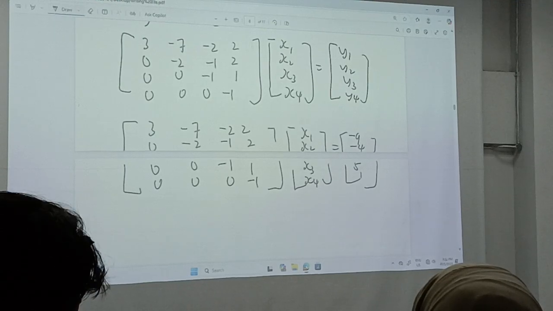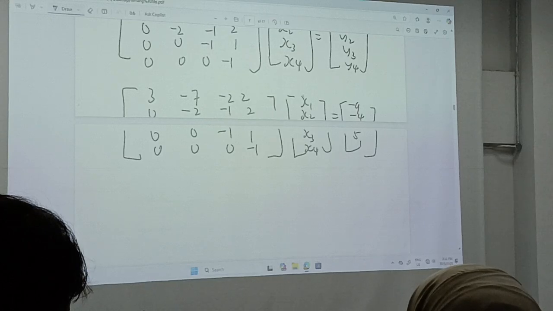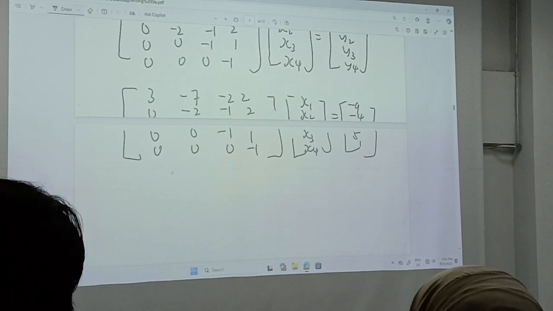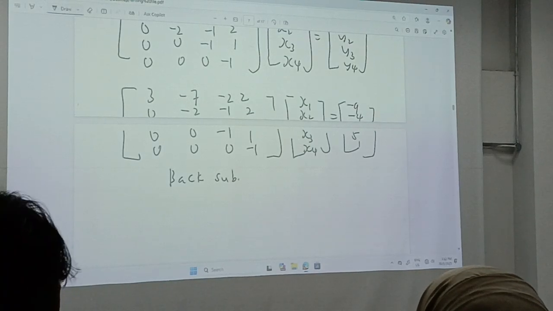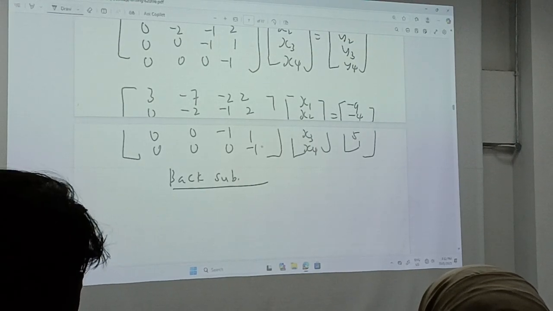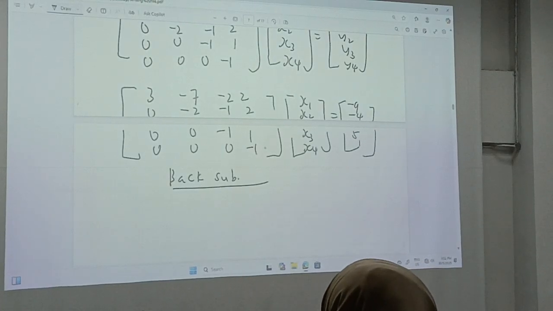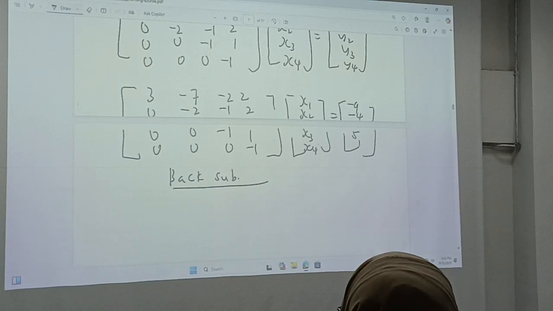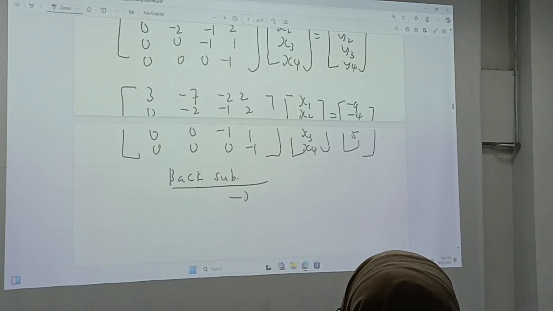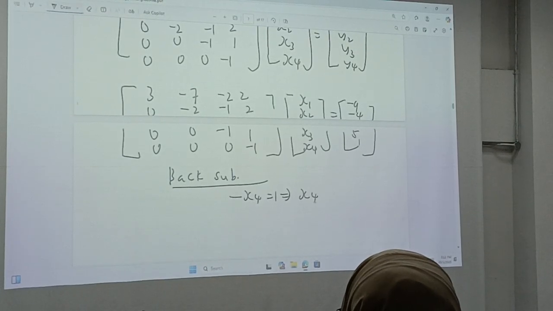So how to find the solution for all the X? Use back substitution. So start from the last row. -1 times X4 equal to 1, so it means X4 equal to -1.